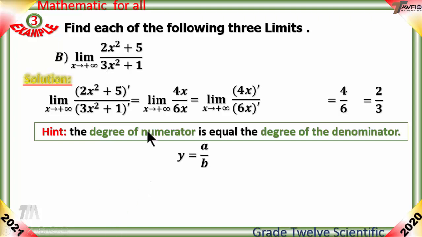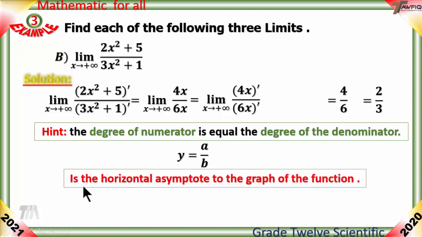In general, y equals a over b, where a is the coefficient of the x with the greatest power at the numerator, and b is the coefficient of the x with the greatest power at the denominator, is the horizontal asymptote to the graph of this function.